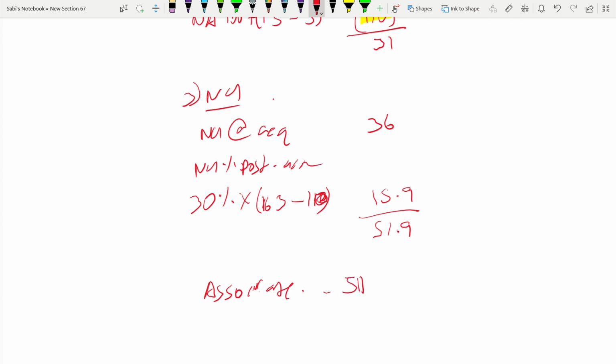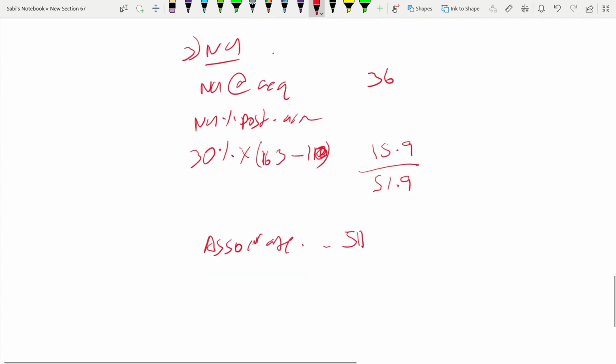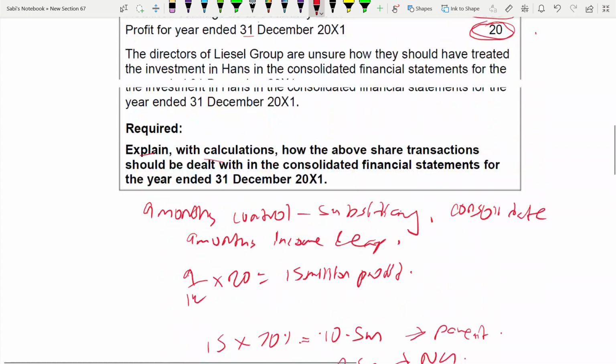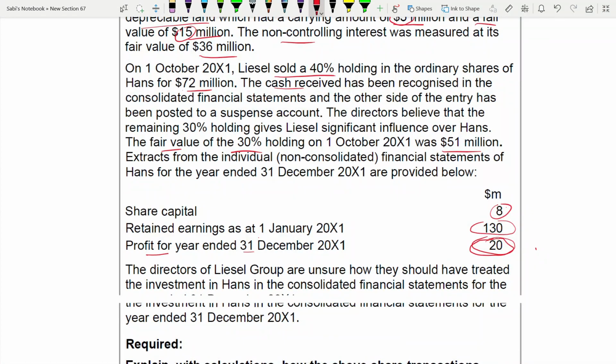With this you have to add the group's share of the associate's profit. How many months? Remember they were an associate for the last 3 months. First 9 months they were a subsidiary. So you have to take 3 months of the profit, which is 20. This 20 is the profit for the whole year, and we are taking 3 months of it.